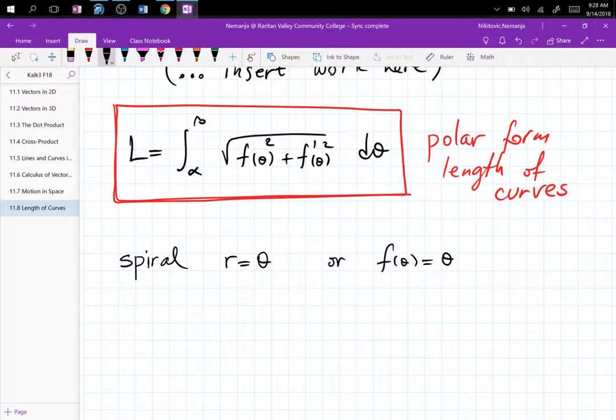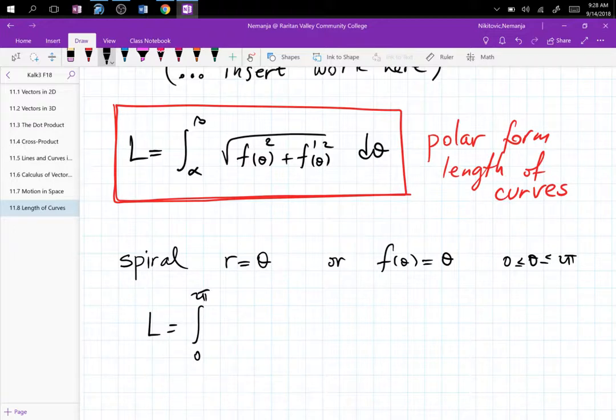And your theta, let's say, is between 0 and 2 pi for the 1 revolution of a spiral. So if you have that, your length of curve is 0 to 2 pi, because you want theta to be 0 to 2 pi for 1 revolution of a spiral.